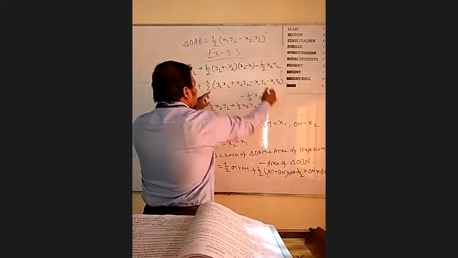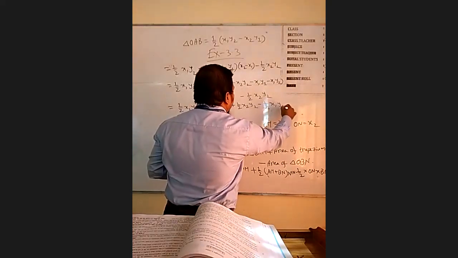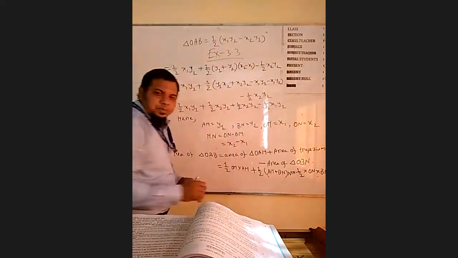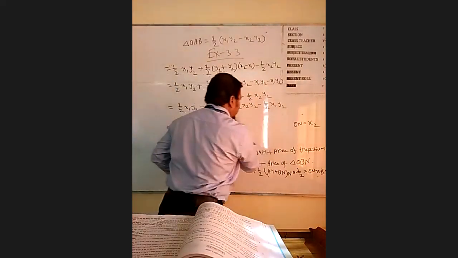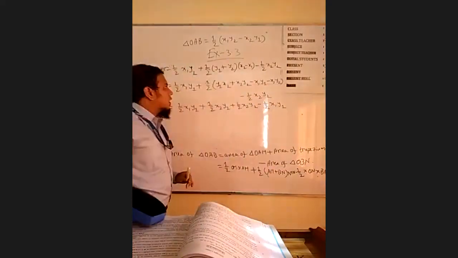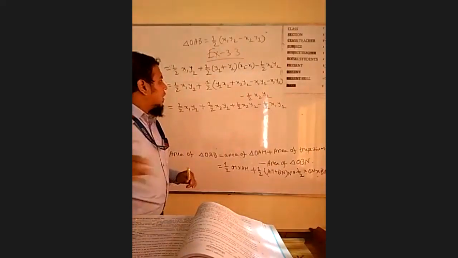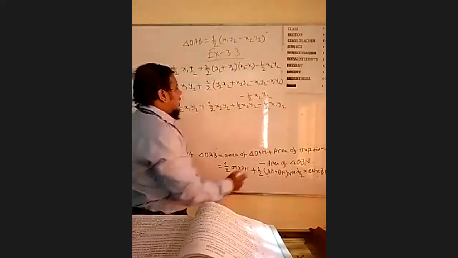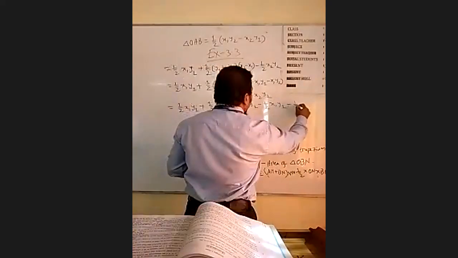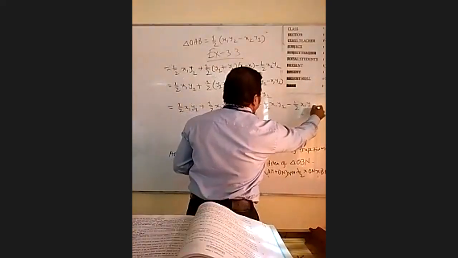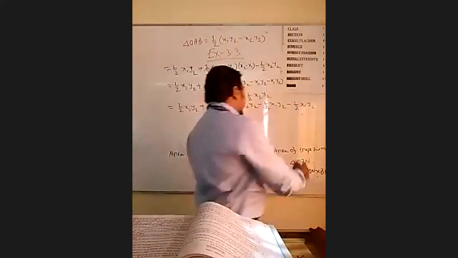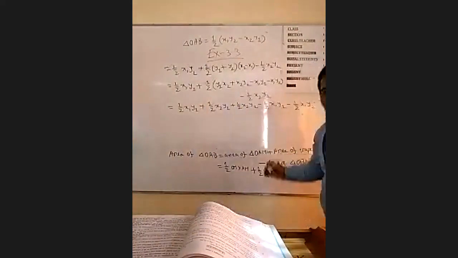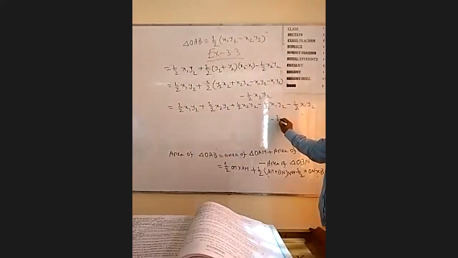Then minus half x1 y2, and the last bit is minus half x2 y2.